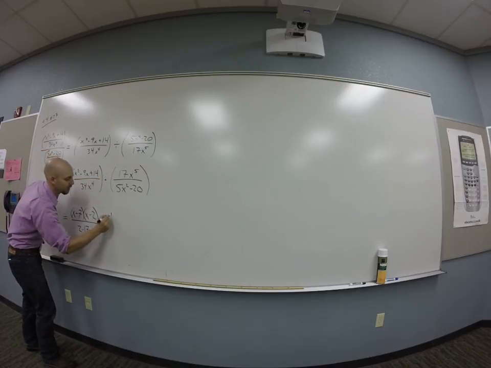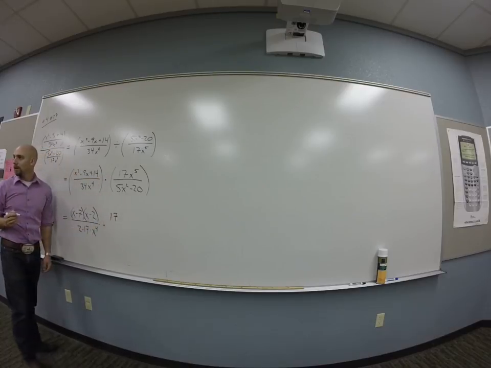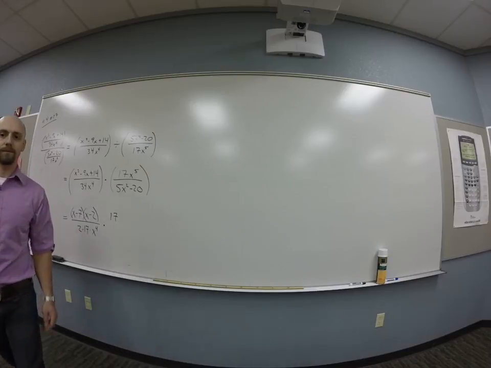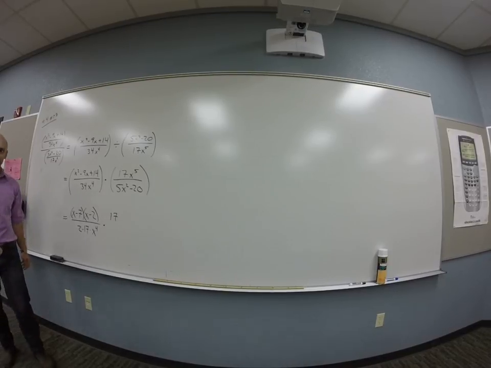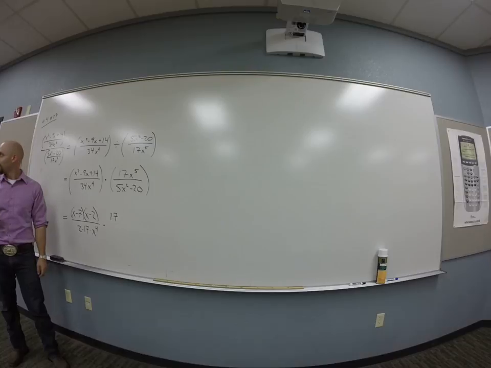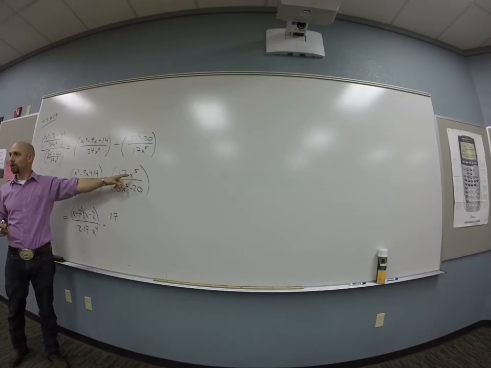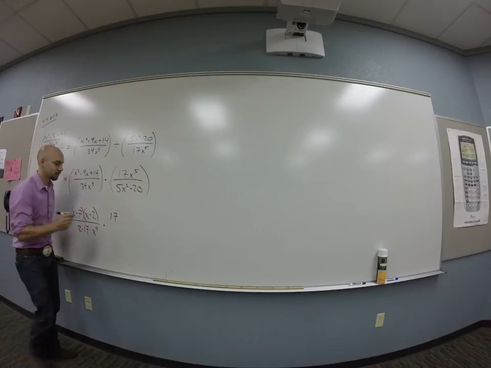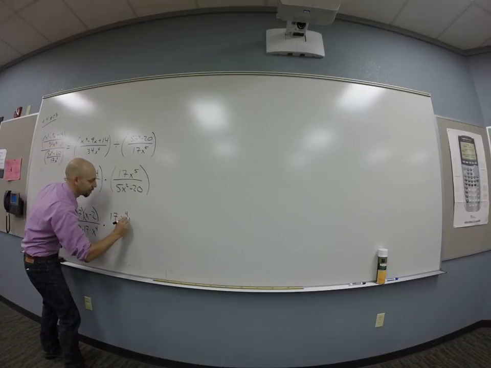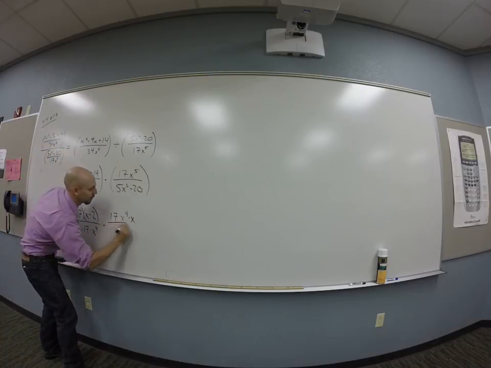There's a 17 up there. X to the 4th and another x. Yeah, x to the 5th is 5 x's multiplied together, right? So really that means it's 4 x's times 1 more. You guys see that? So I can write it as x to the 4th times x.